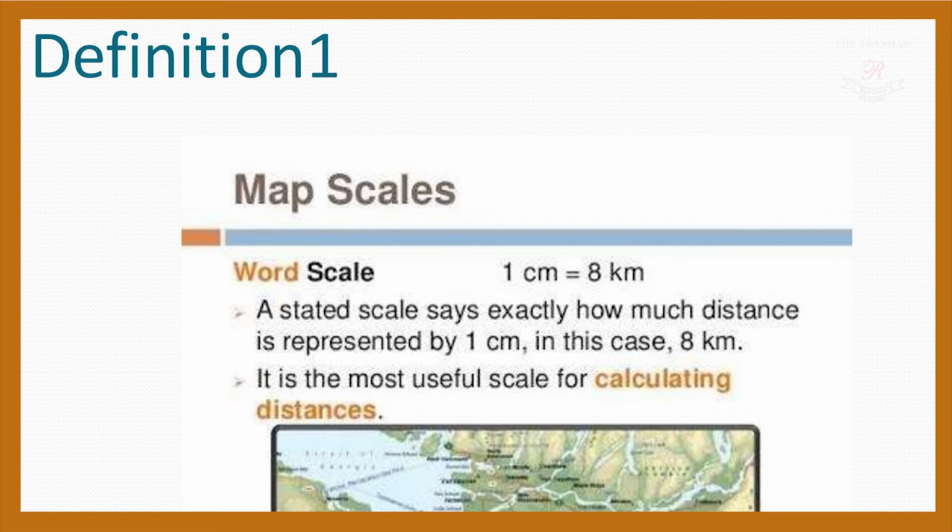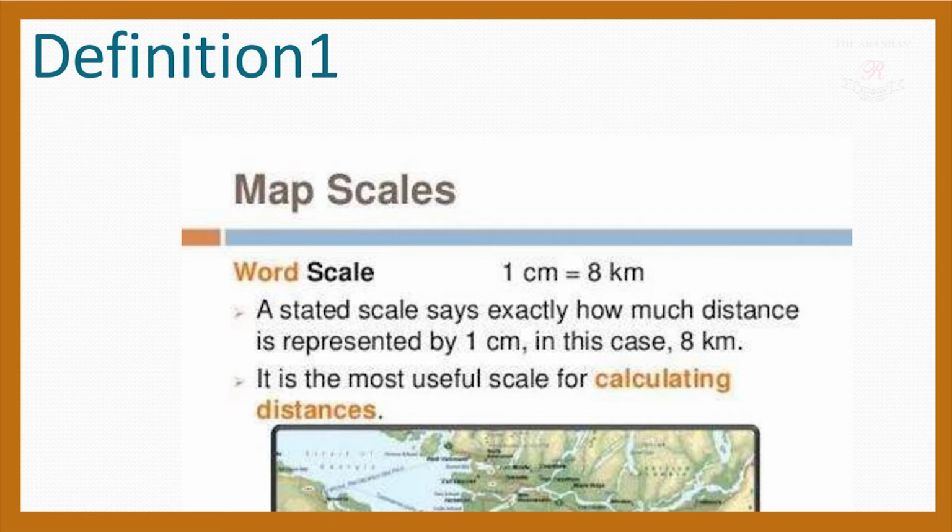Because we are drawing on a piece of paper, we have to know how much this 1 centimeter is on the piece of land. So the geographer, the person who is drawing the scale, has to mention it clearly, how much this 1 represents on the land.